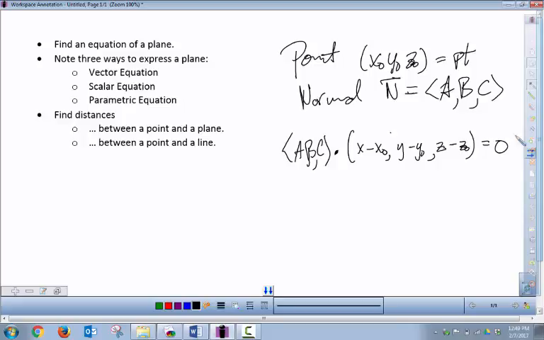For that, I could identify, I think we did this last time also, the x vector to be the point x, y, z, and the pt vector to be the point x naught, y naught, z naught. Remember, the x vector was some generic point that we can call a point that's on the plane.